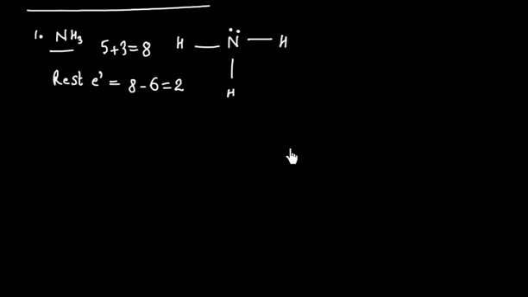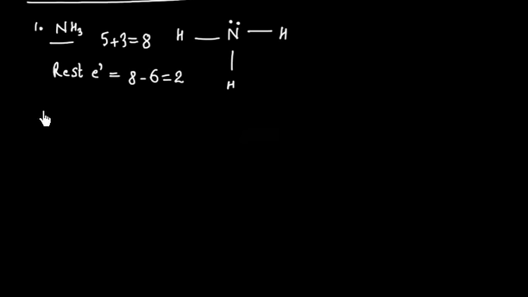Now the next molecule we have is H2O. So this is again simple. Oxygen will be treated this time as the central atom, hydrogen will be the terminal atom, connect by at least one bond. Now count the total number of electrons. Hydrogen 2 electrons, oxygen 6 electrons, so total 8 electrons.